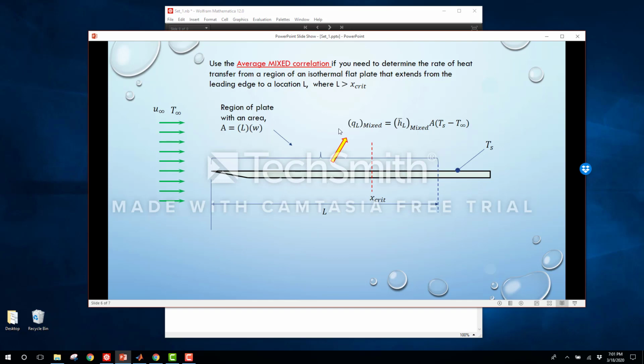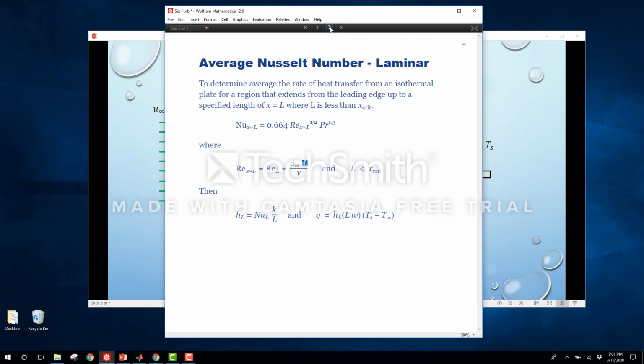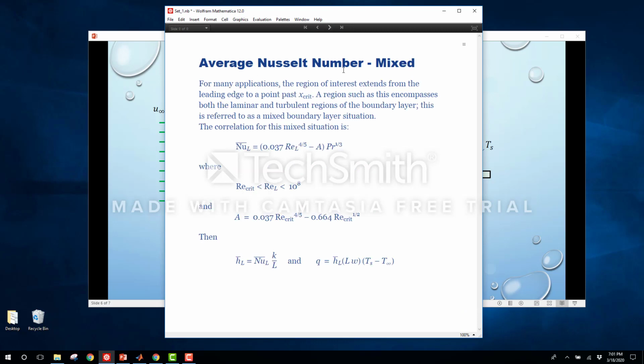So we now look at the average Nusselt number for a mixed correlation. So what we have now is a slightly different variation because we have this average Nusselt number that is 0.037 times the Reynolds number raised to the 4/5, but now minus a term here, A, and times Prandtl number to the 1/3.